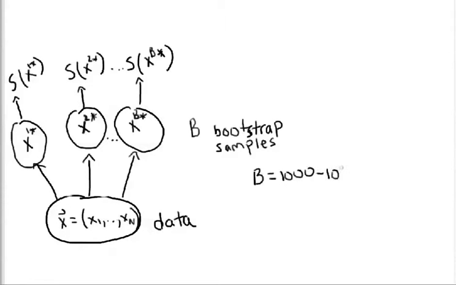So it's going to be a very large number in order to reduce the random error in our calculations.